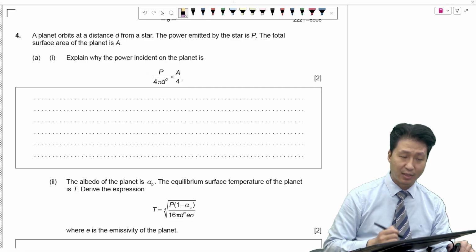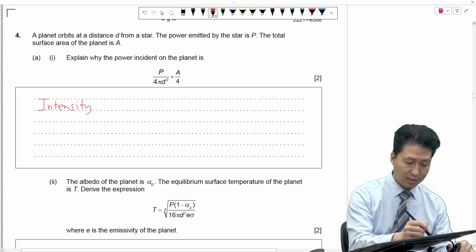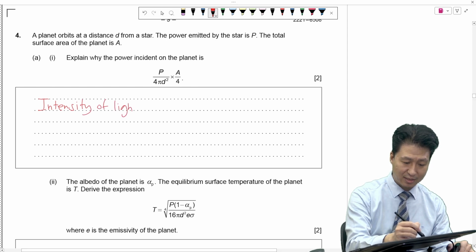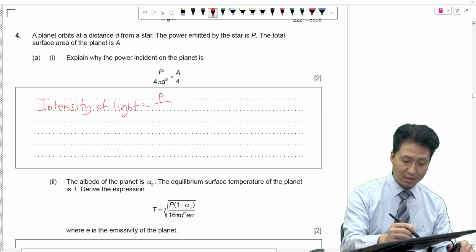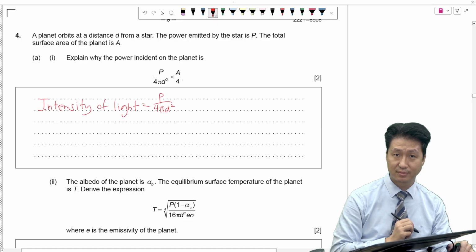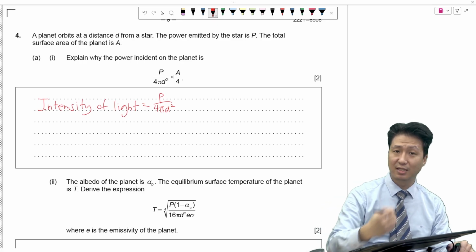First, the intensity of the light is given by the power divided by 4 pi d squared, which is of course the area of the sphere that uses the distance as its radius.